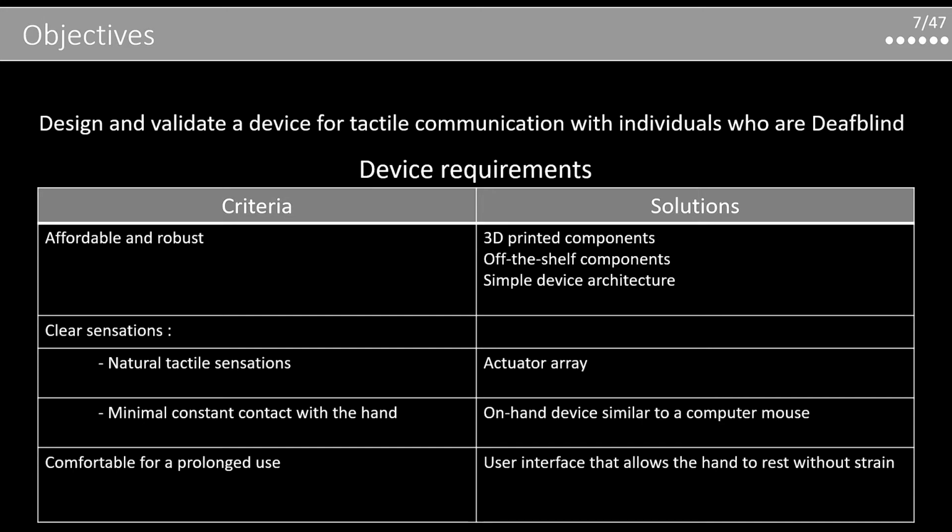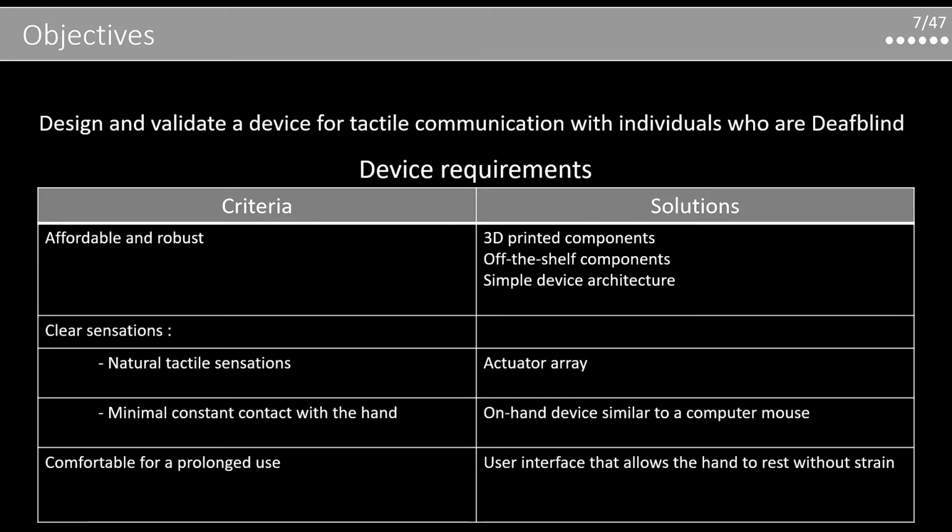In order to answer these different criteria, we'll have to use off-the-shelf components and embed them into 3D printed components, in a simple architecture, so everything would be robust but also affordable and easy to make.